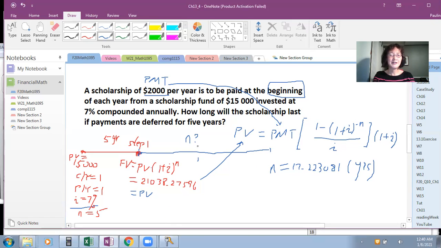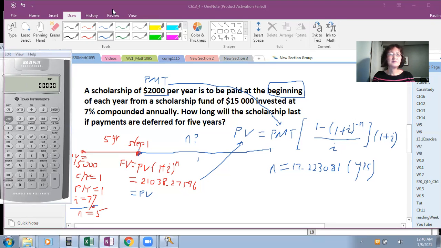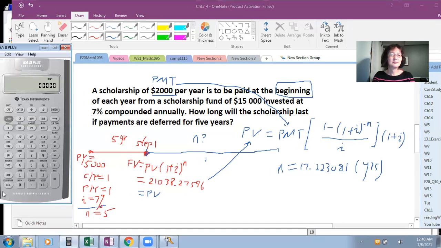Next, calculator method. So second, quit. Make sure it is in begin mode. So step 1, calculate the future value. Do the setup first. Second, PY. PY is 1. Enter. Down arrow key, CY is 1. Enter.